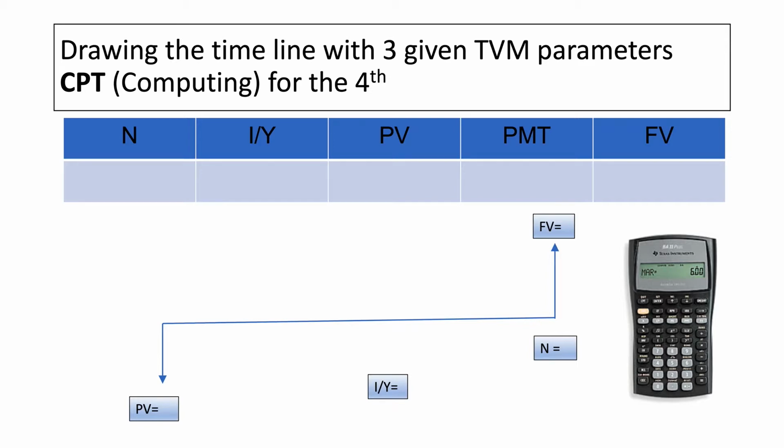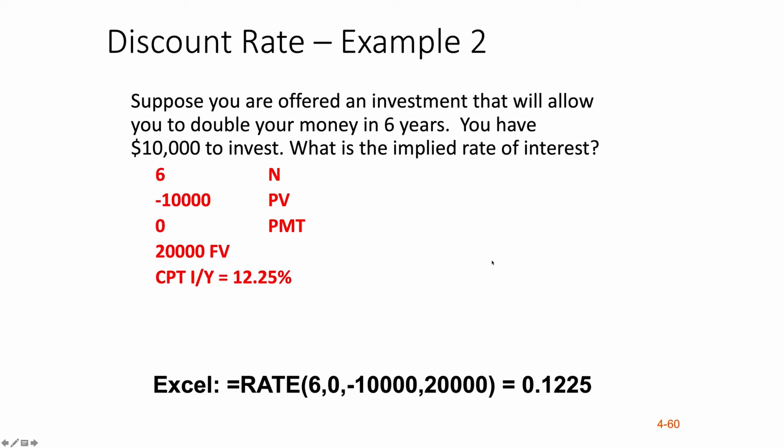Let's do another example. Suppose you are offered an investment that allows you to double your money in 6 years. You have $10,000 to invest. So what is the implied interest rate? The number of periods, 6 years, is given. You have 10,000 to invest, so change sign, negative 10,000 is the present value.